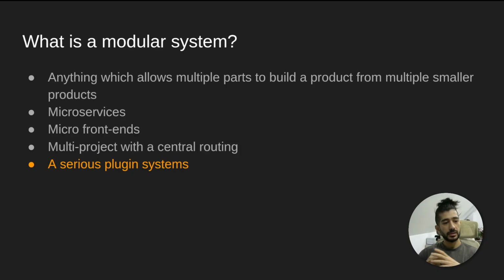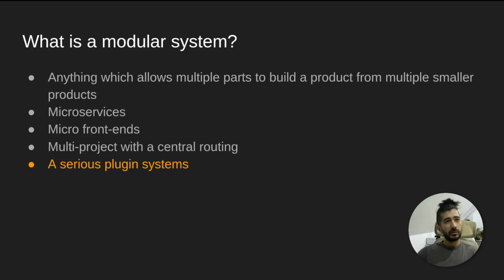Another modular system is micro frontends. It could be done in many different ways. One of them is to module federate them using Webpack or Vite, and then you can put a bunch of folders, a bunch of sub projects, or even a monorepo, as packages, install them into another host, and create a micro frontend.